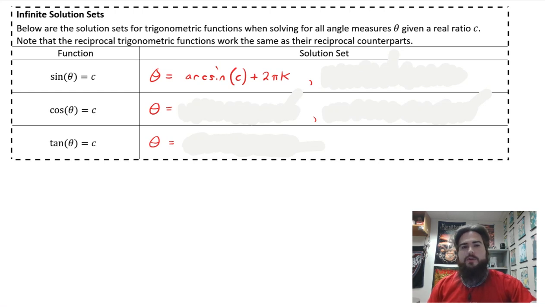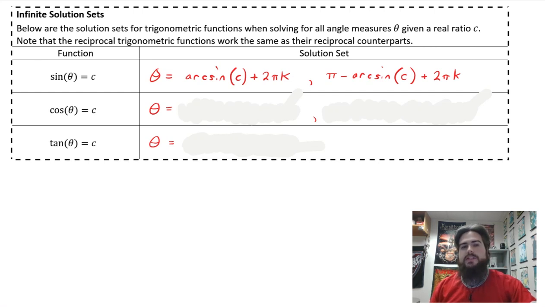The second solution set made for arcsine would be established by taking pi minus arcsine of that ratio c plus 2 pi k. This will work no matter what ratio you are working with, whether you are working with a positive ratio that originally would have an answer in quadrant 1, or a negative ratio that would originally have an answer in quadrant 4.